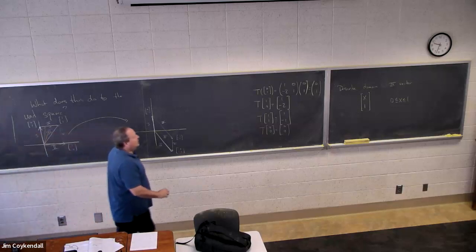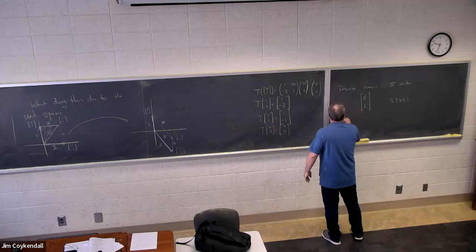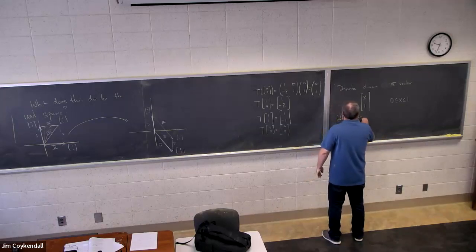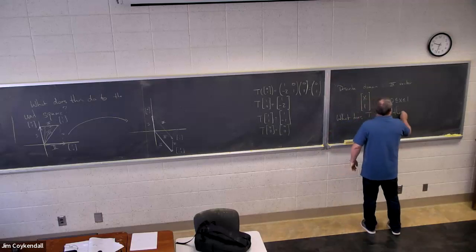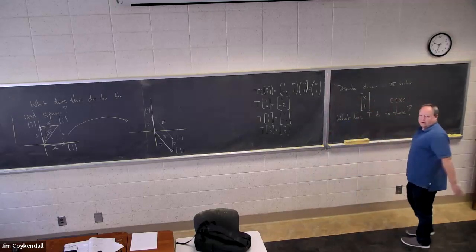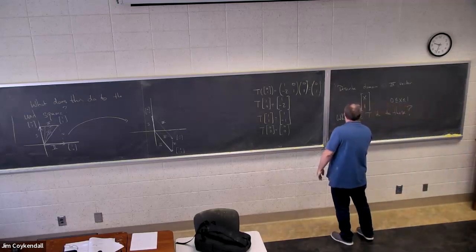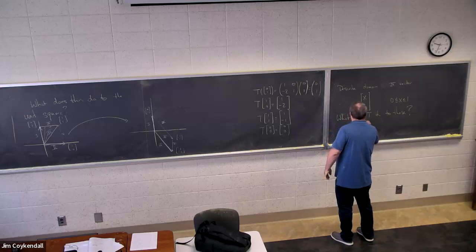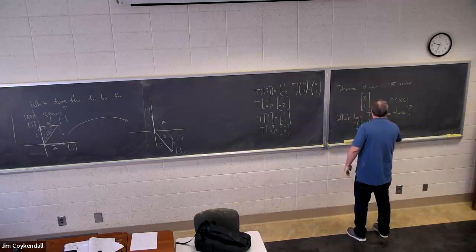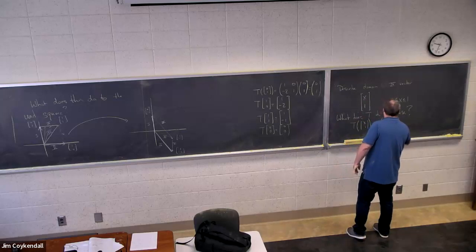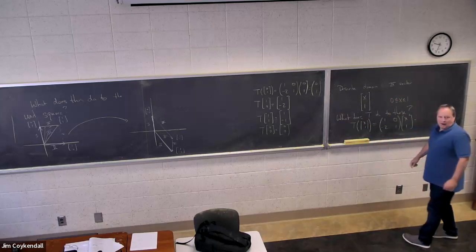Now, let's take our linear transformation and see what it does. What does T do to the vectors? Well, T of x1 is equal to A of x1. Everybody agree with me?